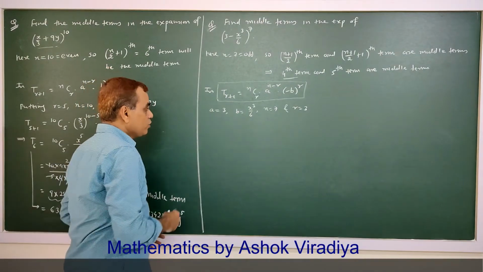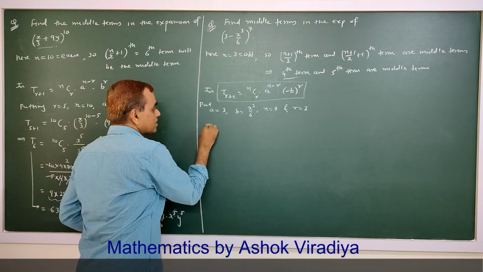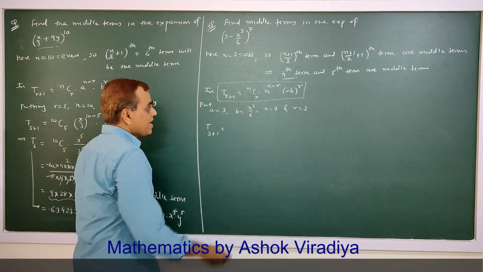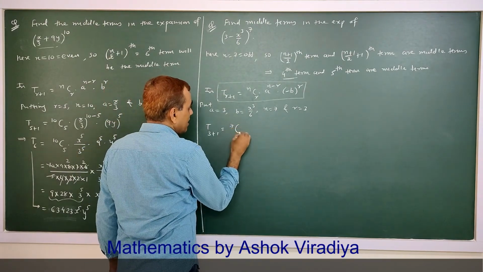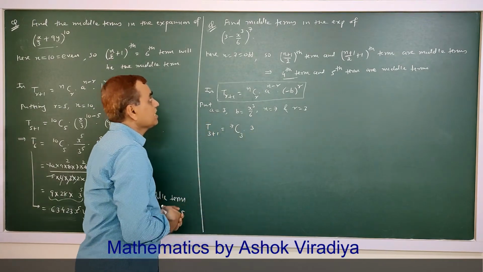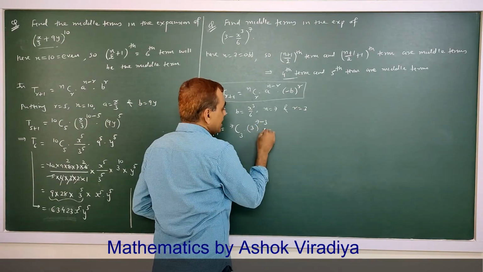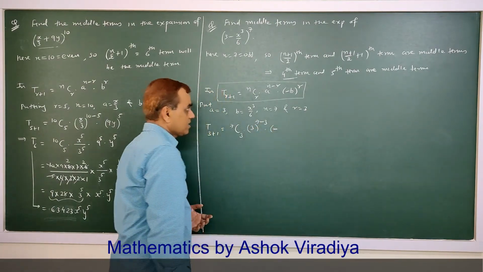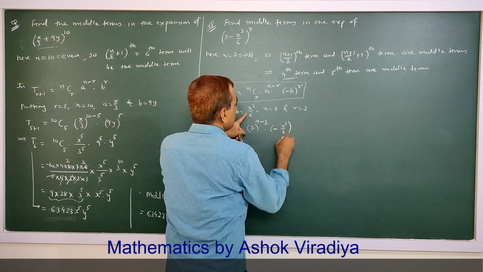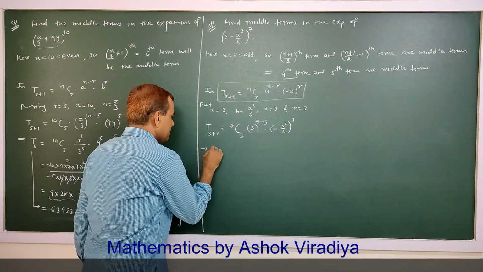So 3 plus 1 will be the 4th term. n is 7, r is 3, a is 3 raised to 7 minus 3 into minus b, which is x cube by 6 raised to 3.